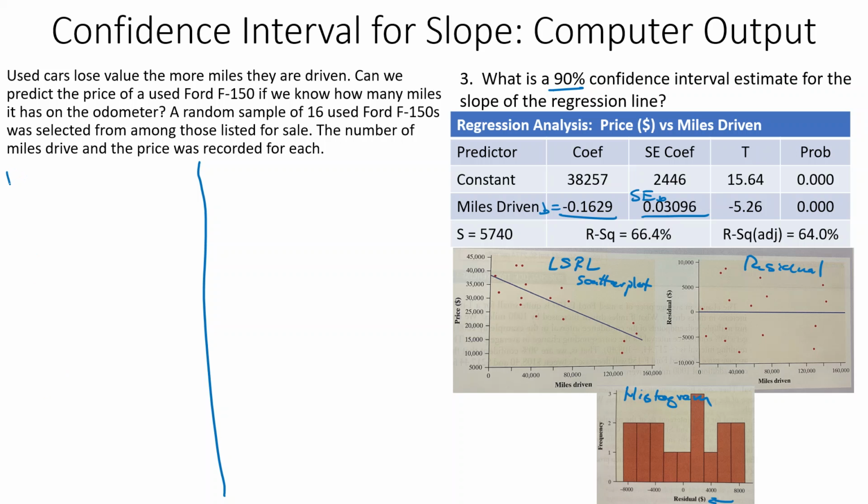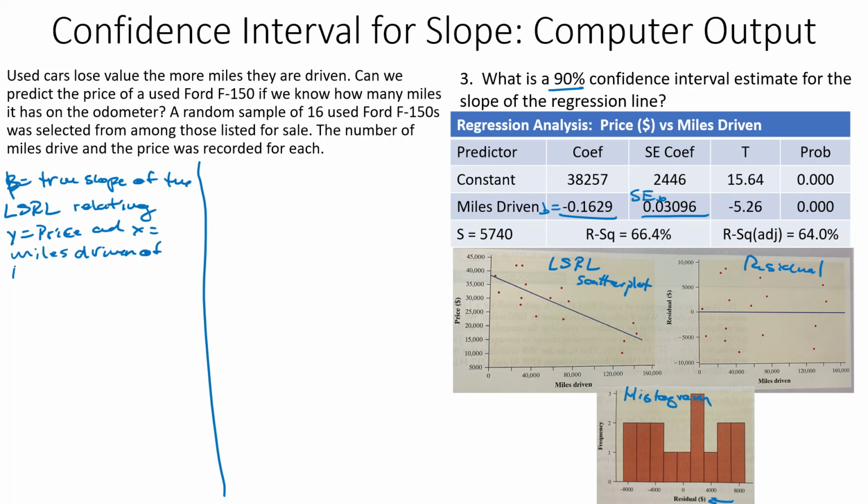So let's say our B is the true slope, or not B, beta. Beta is the true slope of the least squares regression line relating, let's see, Y is the price and X is the miles driven of Ford F-150 trucks.